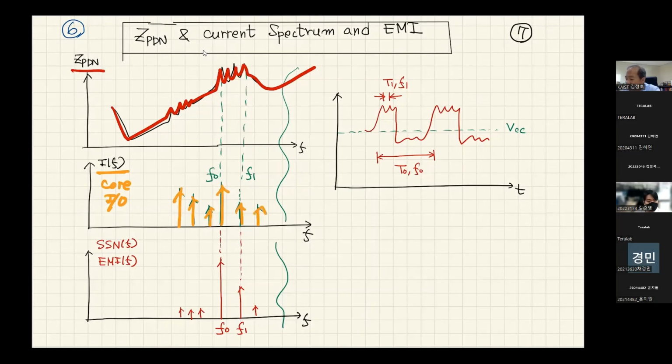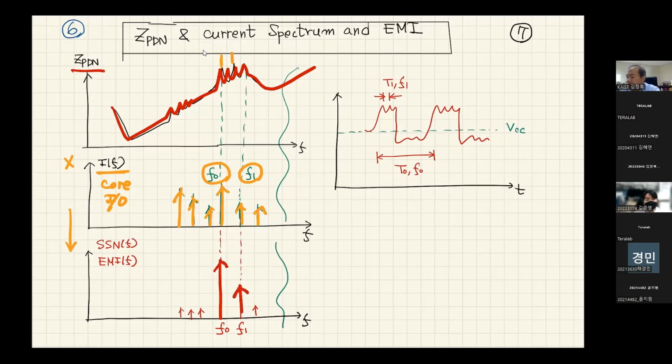If some of your current spectrum is at the same frequency as these resonance frequencies, because impedance and current make a voltage, the FFT of that voltage is going to be this curve, and we're going to have huge EMI peaks here.